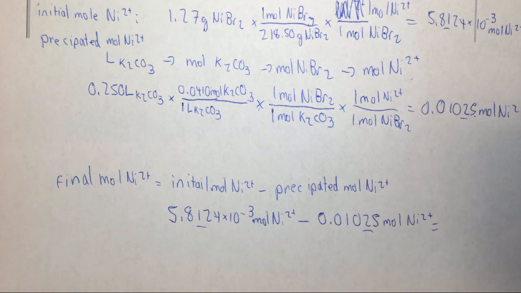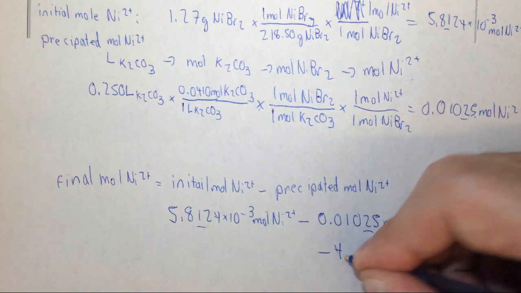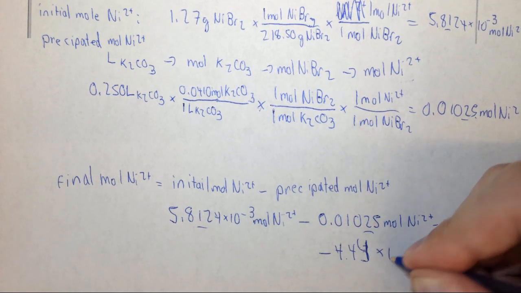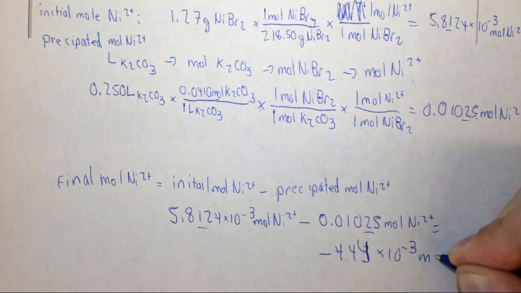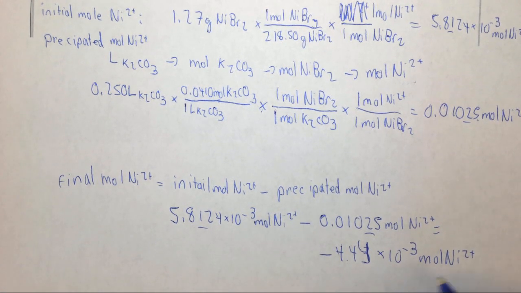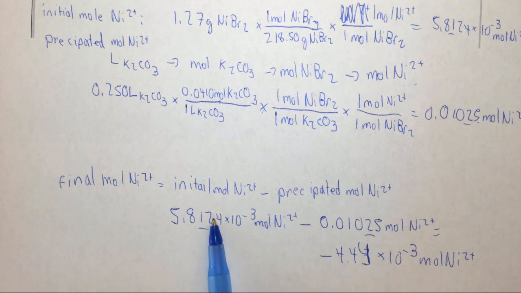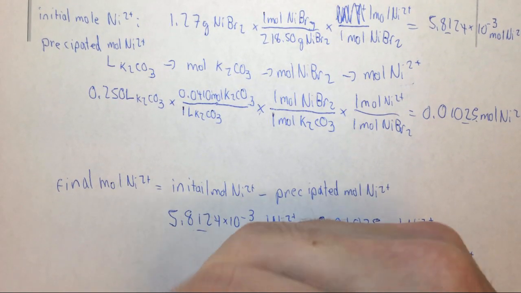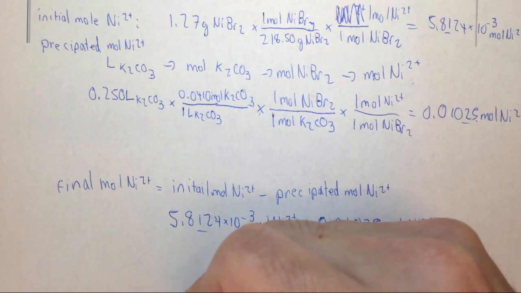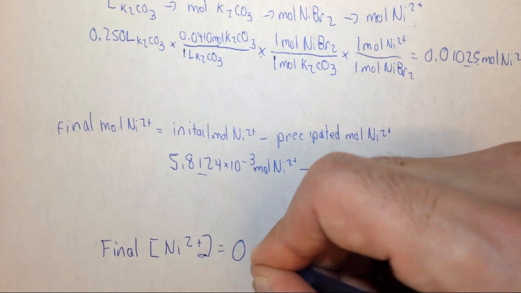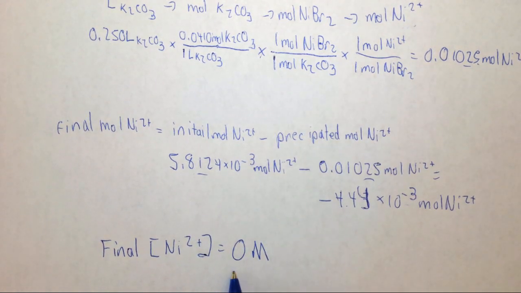And when you do this, you get a negative number, which is negative 4.44 times 10 to the minus 3 moles of Ni2 plus. Since this is a negative number, or said another way, more precipitates than there is present, the final concentration of Ni2 plus is 0 molar, because there isn't any left.